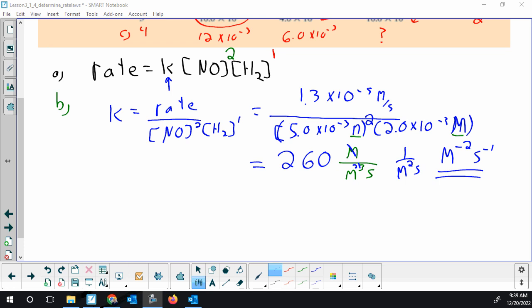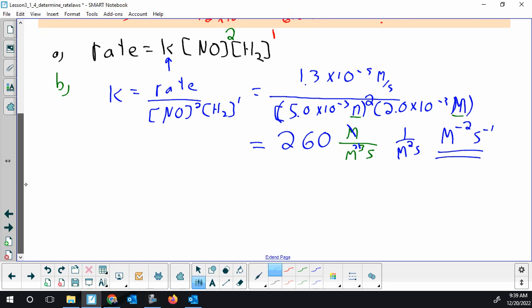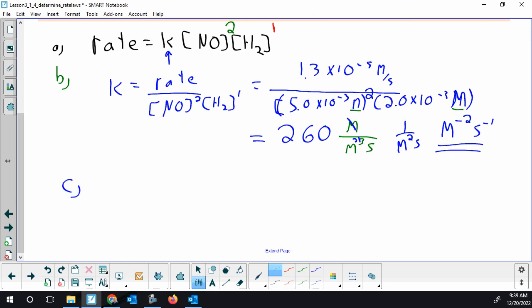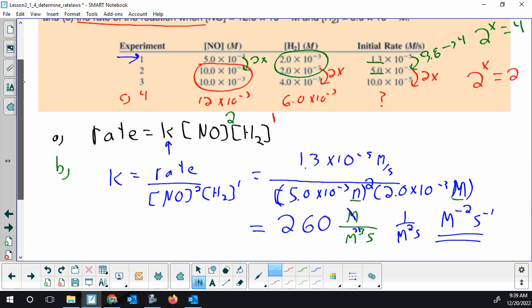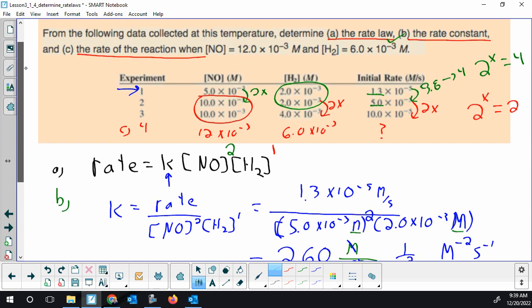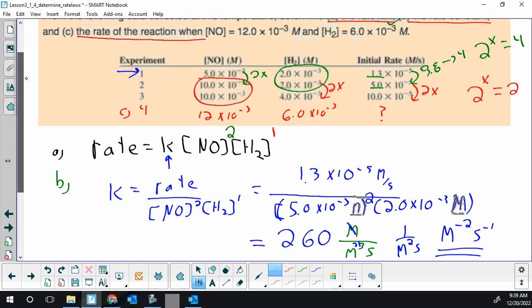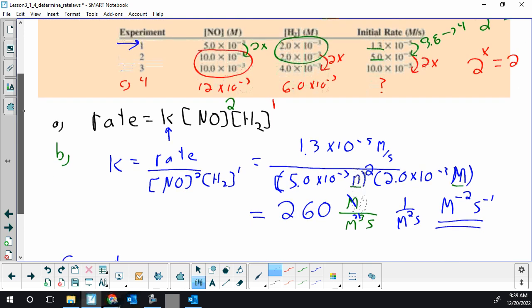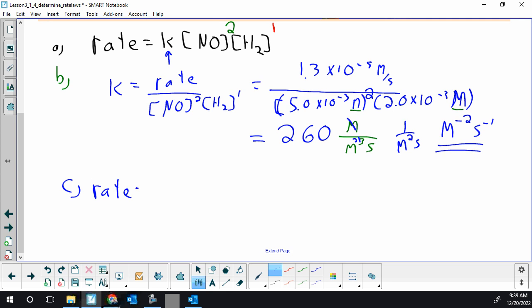Okay, C, and we're done. What is the rate under different circumstances? I threw it in as circumstance 4 in our table. What is the rate when NO is 12 times 10 to the minus 3 and hydrogen is 6 times 10 to the minus 3? Well, once we know the rate constant, it's just plug everything in and solve. 260 times the concentrations.